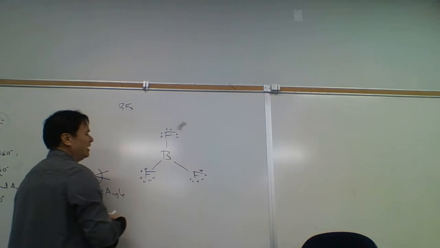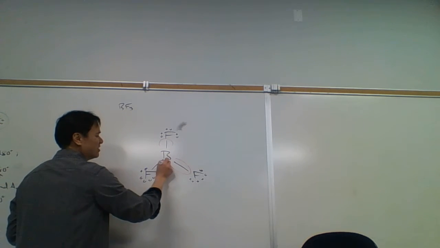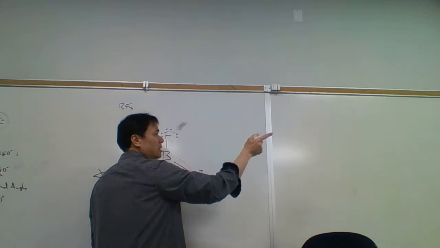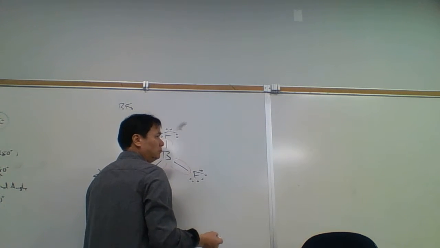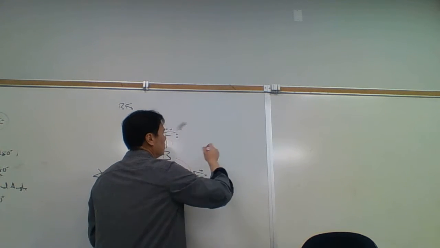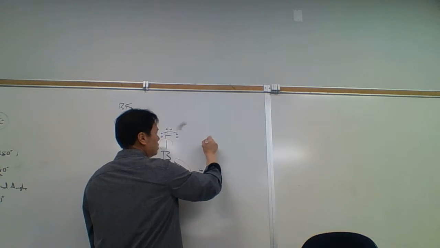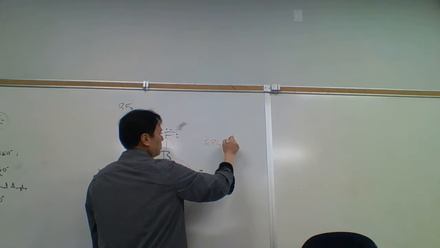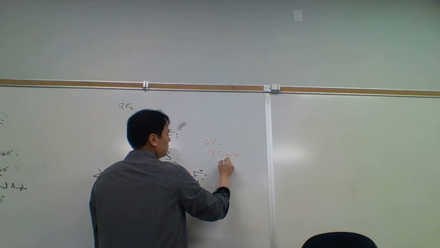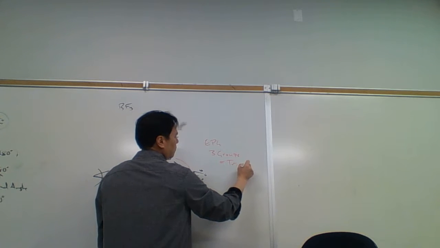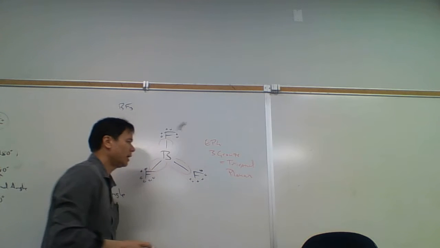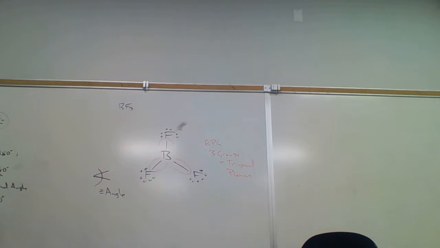Again, I'll do the EPG. I just look at the groups of electrons. 3 groups of electrons tells me that I have a trigonal planar EPG. 3 groups equals trigonal planar. Planar is spelled P-L-A-N-A-R.